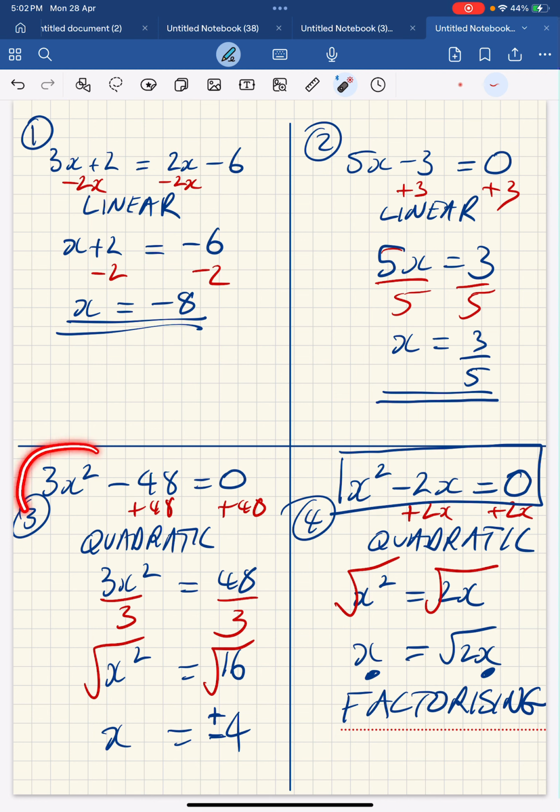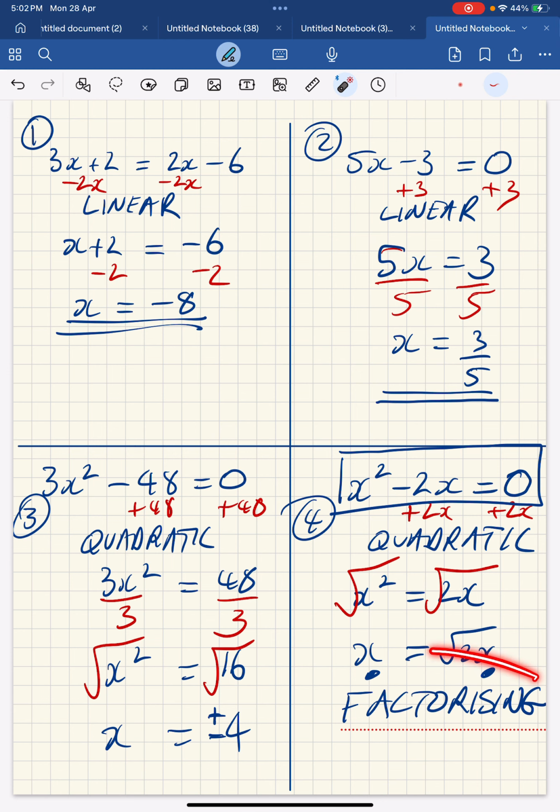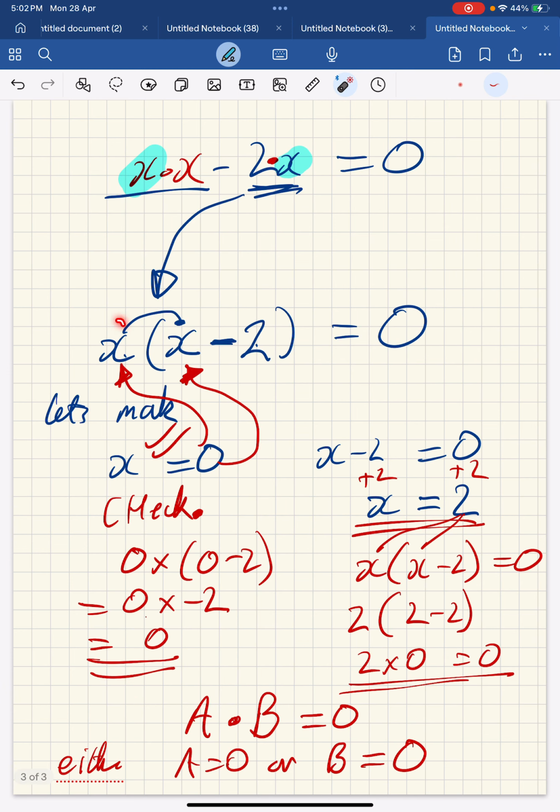Here we had only the x squareds and numbers, and this was easy enough to do with the balancing method. The balancing method here for this quadratic with x squared and x's just doesn't work, so we switch to a factorizing technique. All right, and the factorizing is taking out a factor, and then using this property we make each of the factors equal to 0, and we might get 2 solutions.